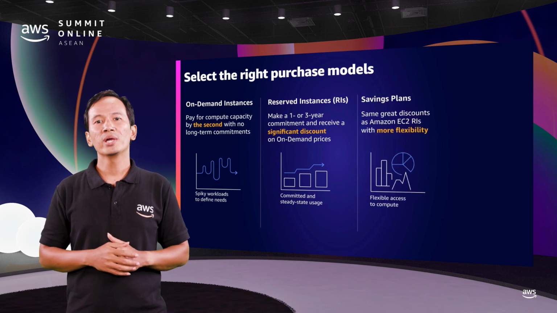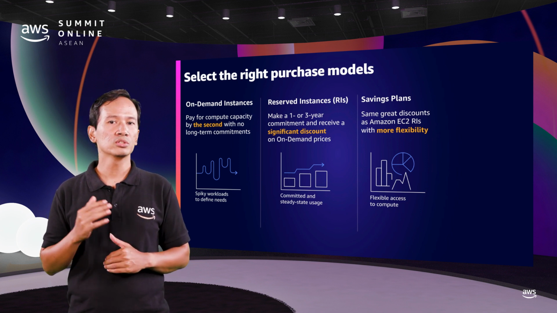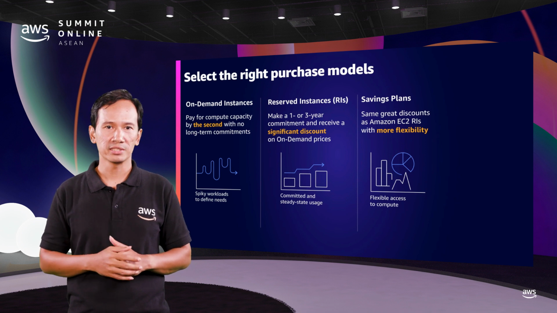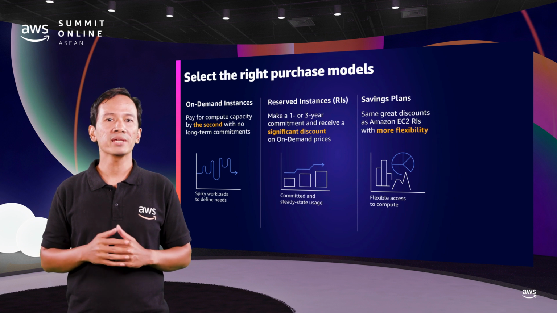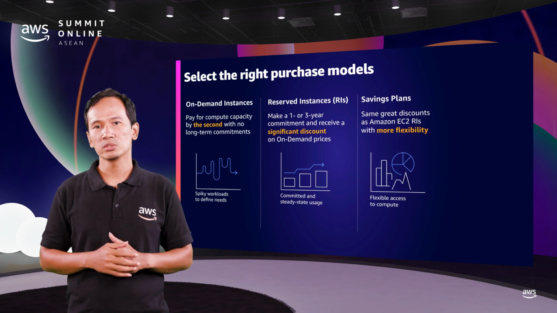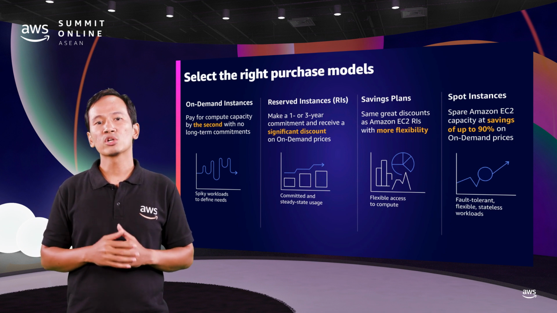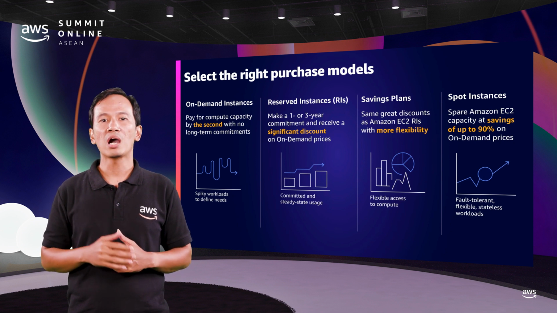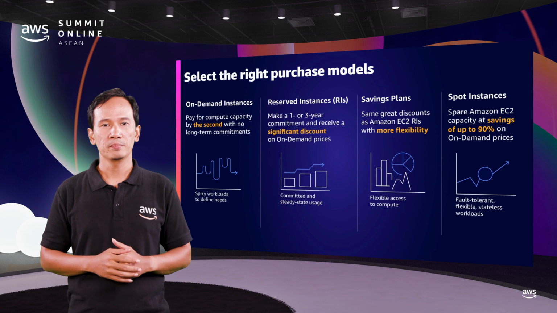For compute, whether EC2, Fargate, or Lambda, I would like to recommend you focus on Savings Plans to optimize costs against your on-demand infrastructure. Savings Plans provide great discounts with more flexibility across your on-demand workload. And finally, to truly optimize your cost against scaling performance, you want to think about tapping into our spare capacity through what we call Spot Instances.